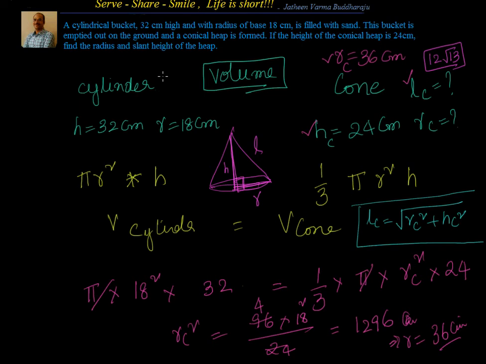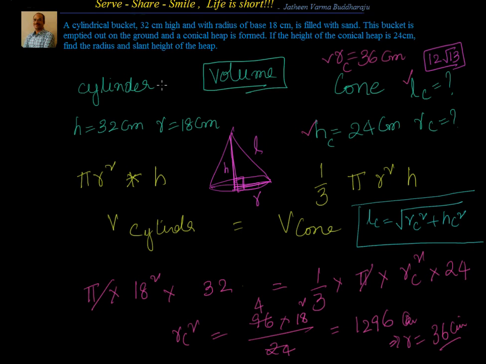So let me summarize this before we close this problem. It's a very simple example. We have been given that a cylindrical bucket 32 centimeter high and of radius of base 18 centimeter is filled with sand. Whenever I say filled with sand, I am talking about the volume. Now this sand is emptied and a conical heap is formed.